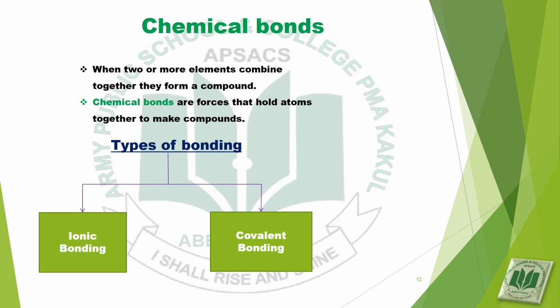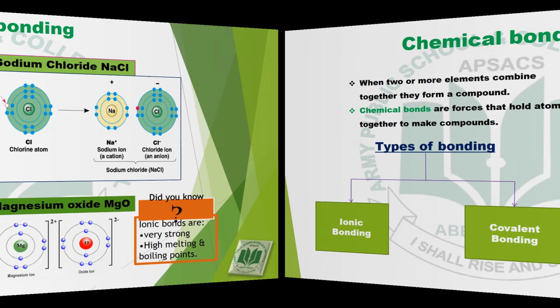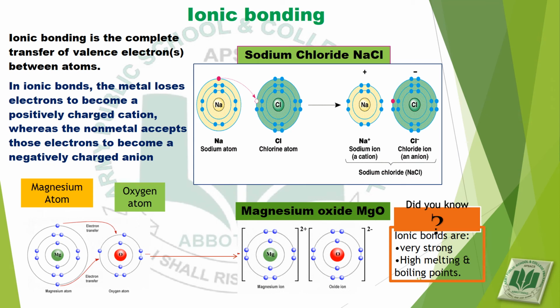When electrons transfer between the atoms completely, this type of bonding is known as ionic bonding. And when atoms in a compound share their electrons, they form covalent bonding. Ionic bonding.